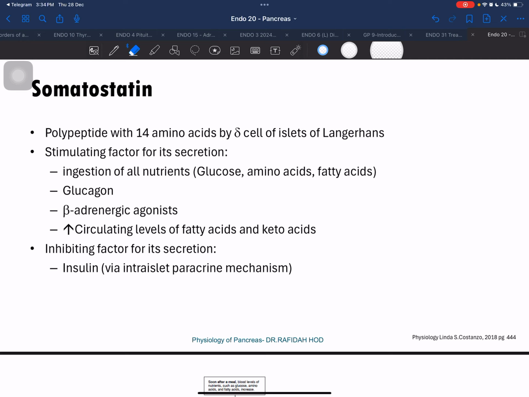But somatostatin will inhibit both insulin and glucagon. How insulin inhibits somatostatin release is by an intra-islet paracrine mechanism. It's inside the islets itself, because they are close to each other in the same islets. So through that.